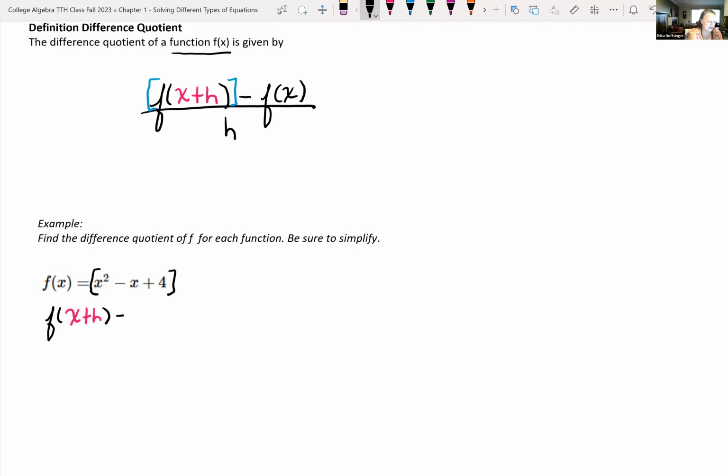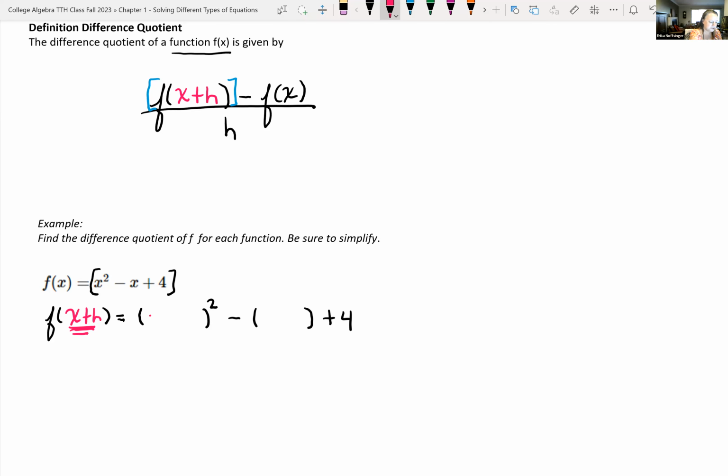So we're going to go in here, and wherever we see an x, we're going to dig a hole. And that hole is going to look like a parentheses. So I see an x here, it's squared. So I'm going to have a parentheses squared minus, I see another x here, so think of it as the pirate digging a hole to bury his treasure, plus 4. Well, this treasure that this pirate wants to bury is this piece in here, f of whatever we're taking, in this case, x plus h.